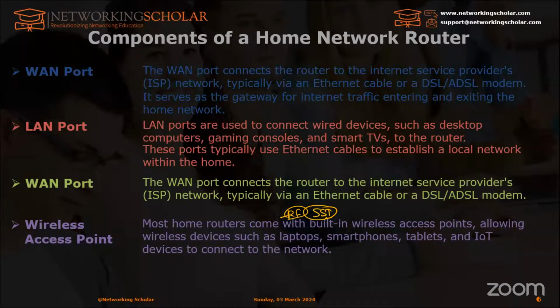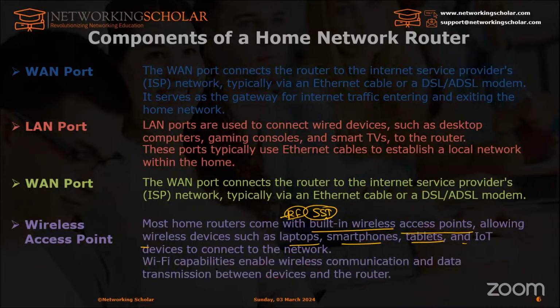It has a built-in wireless function, like an access point that allows devices such as a laptop, smartphone, or tablet to connect through it, share information, and communicate with other devices. Wi-Fi capability enables wireless communication and data transmission between devices and the router.